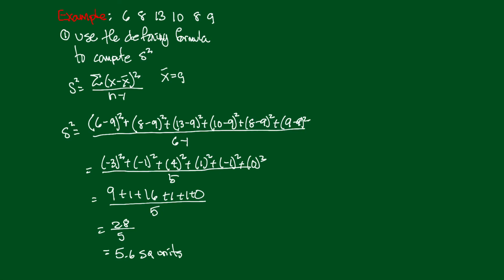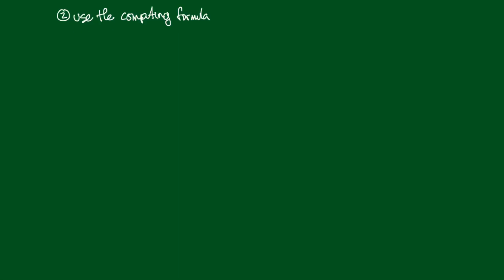All right, so that is one way to get that sample variance. Okay, this is the sample variance using the defining formula. Now, let's find the variance using the computing formula. Here's how it goes. S squared is equal to, this fraction, n times the summation of x squared.